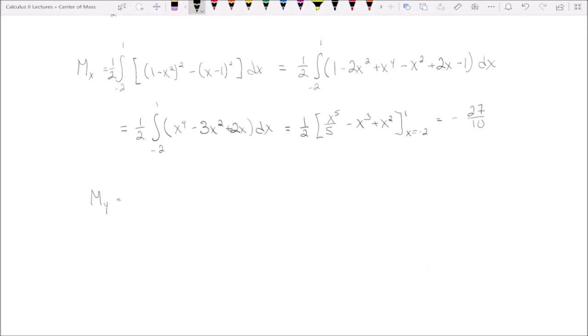Finally, the y moment. It's the integral from negative 2 to 1 of x times f of x minus g of x. So the integral from negative 2 to 1 of negative x cubed minus x squared plus 2x.